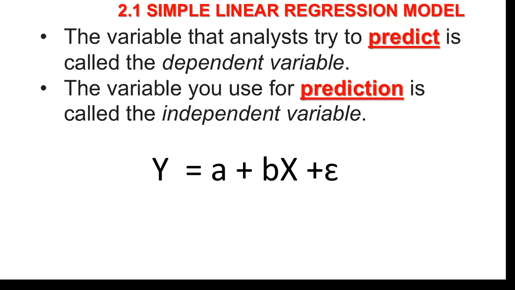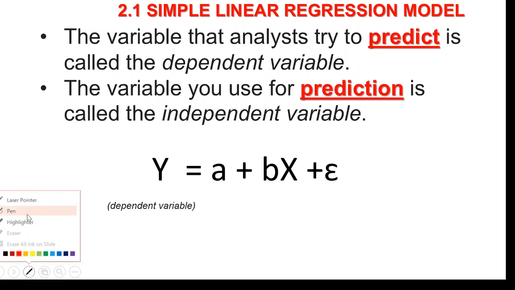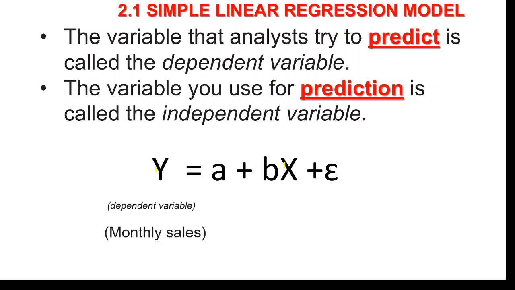So look at this regression model. Here you have y, which is your dependent variable. That is actually what you are going to predict. And here you have x, which is the independent variable.